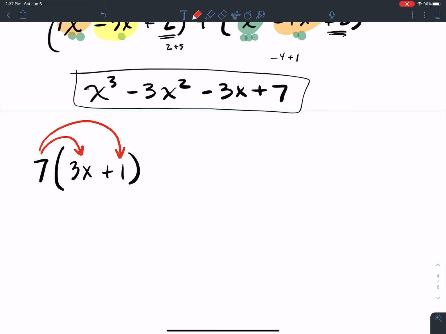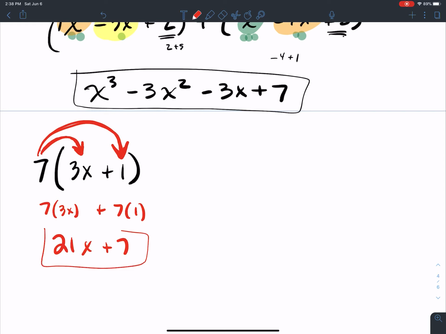So this is like 7 times 3x and then plus 7 times 1. Okay, so what does that equal? 7 times 3x is 21x. And then 7 times 1 is 7. Okay, so that would be multiplying it out right there.